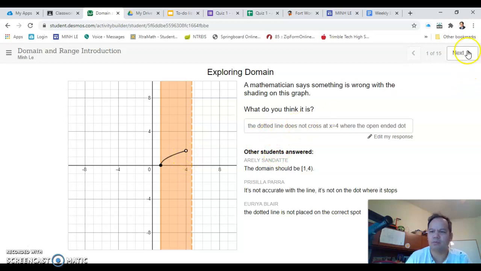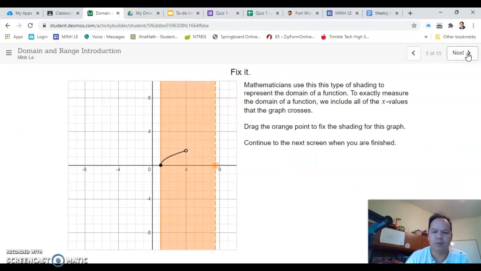So that's what I wrote. Now, if you did this, you read the direction, you're gonna move this to where the open end is. So the dotted line with the open circle, the solid with the solid circle.